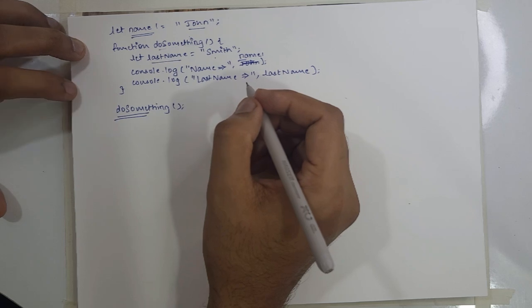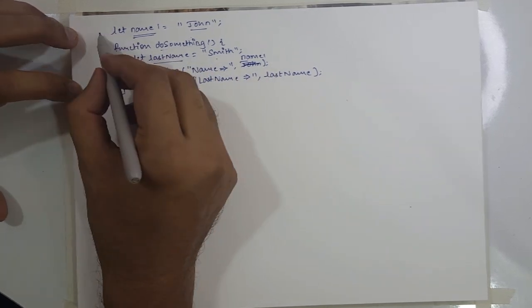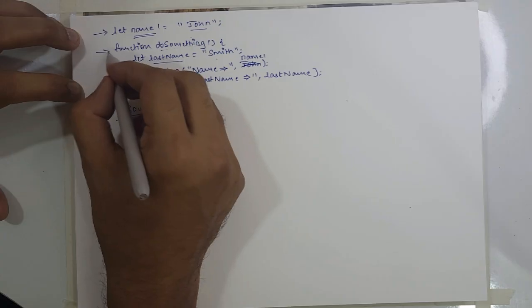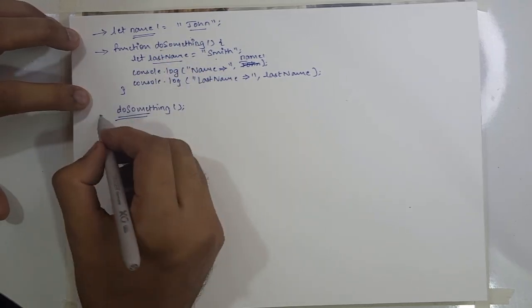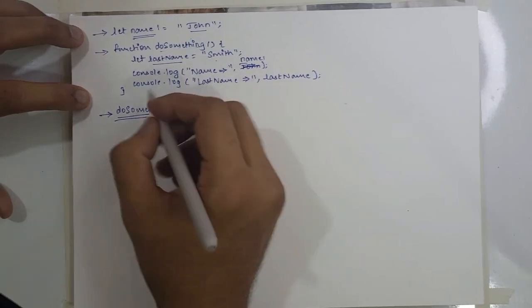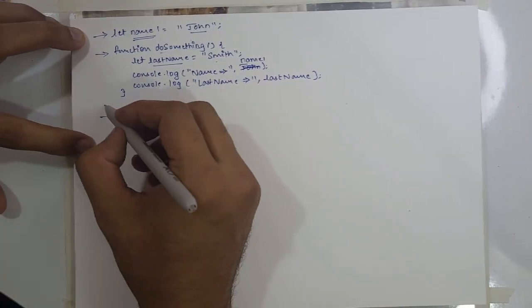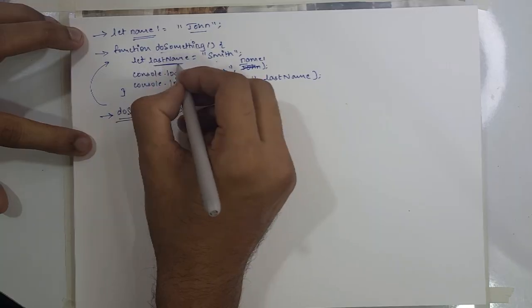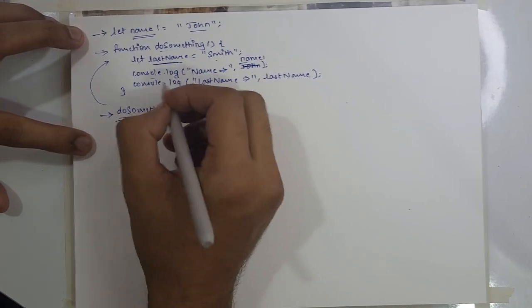Now call stack will store the order of execution. Like first this statement has to be executed, then it will come to this function, then it will come over here, do something. So there is a function call over here. So compiler will go over here. It will come to this function, then this statement has to be executed. This console log has to be executed.